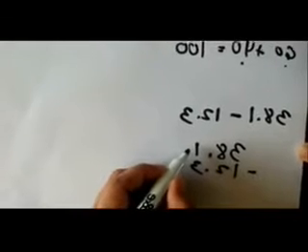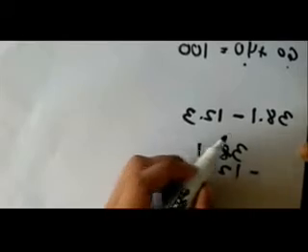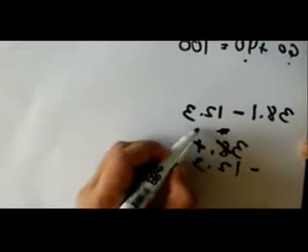So for subtraction, a similar rule is applied. For example, 38.1 minus 12.3. Here, we align the numbers according to their decimal places and also align the decimal point. So 38.1 minus 12.3. Here, 1 cannot be subtracted directly. Therefore, we should borrow from 8. So 8 will be 7 and 1 will be 11.